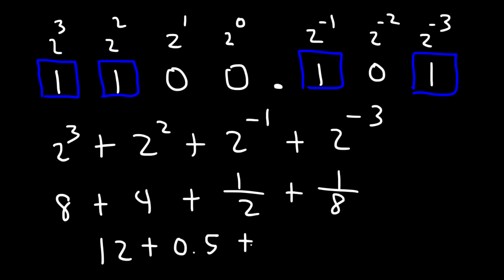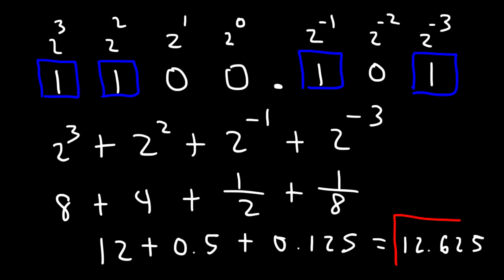And 1 over 8, 1 divided by 8 is 0.125. So adding up these three numbers will give us this answer, 12.625. And so that's how we can convert a fractional binary number into a decimal number.